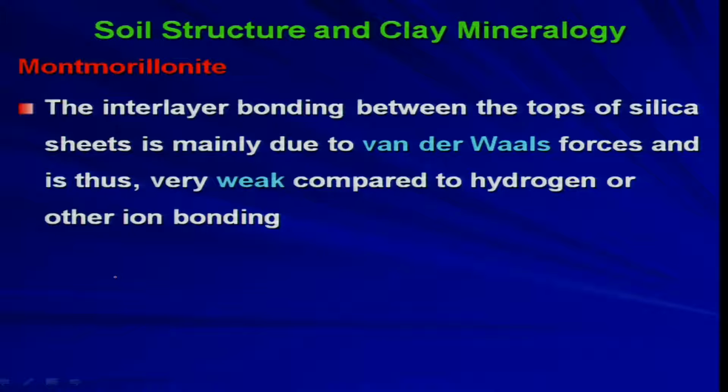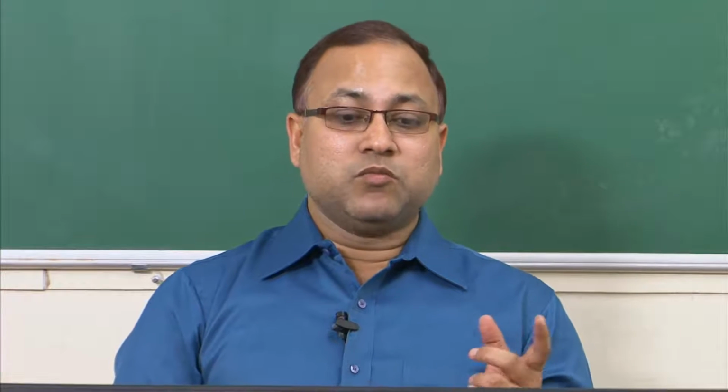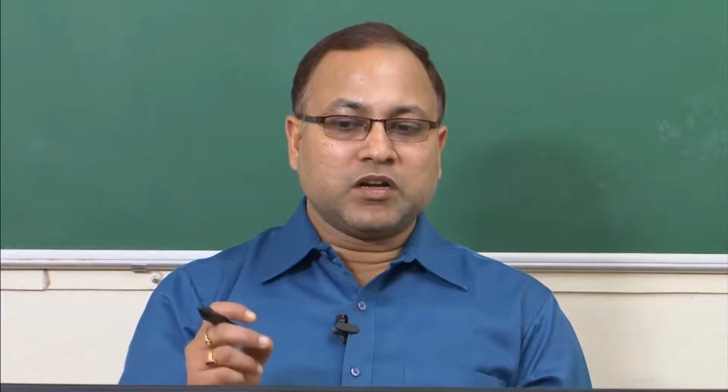In kaolinite, we had the hydrogen bond at the interlayer, and that is why it was very strong and very stable, not allowing any water to come inside. But in Montmorillonite, the bonding is due to the van der Waals force, which is very weak. From our chemistry knowledge, we know that van der Waals bonding will be very weak, and it will allow the water to come inside.